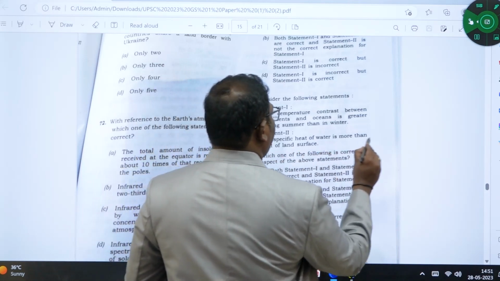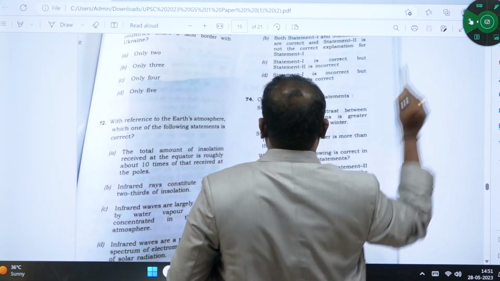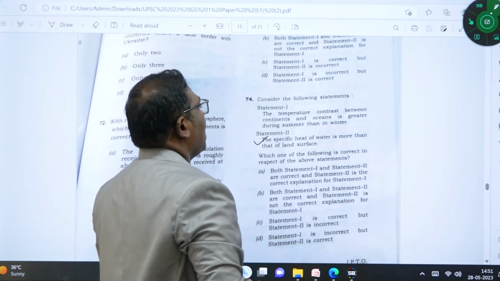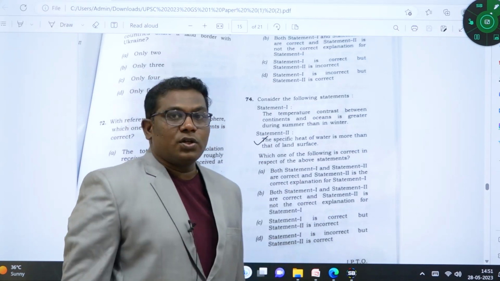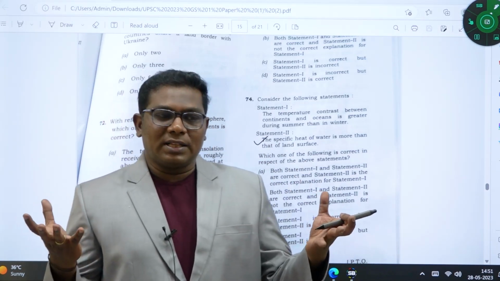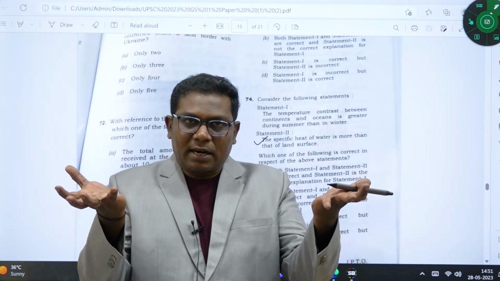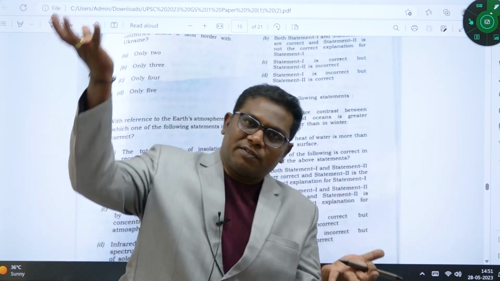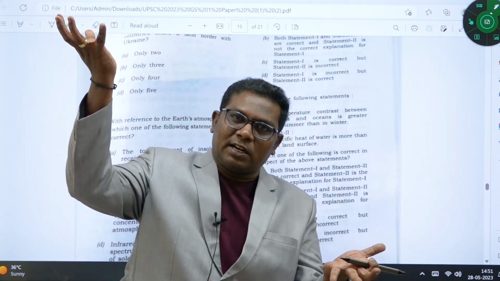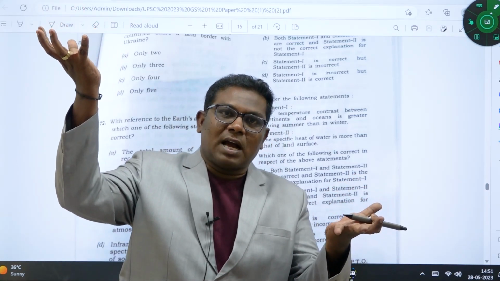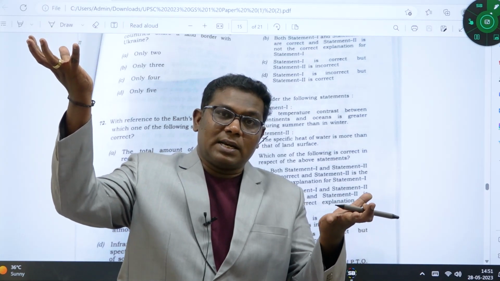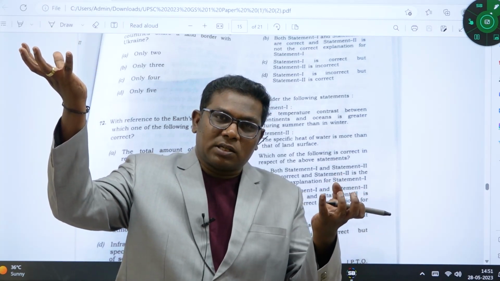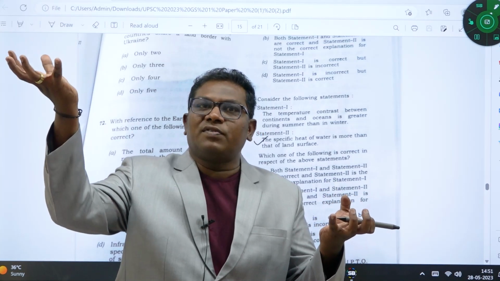The specific heat capacity of water is more than that of land. This is a true statement. Due to this, during the summer season, both the land area, the continental area, and the water area are warmed up, and the land area warms up very quickly because it has less specific heat capacity, while the water body does not warm up so quickly as the land area.